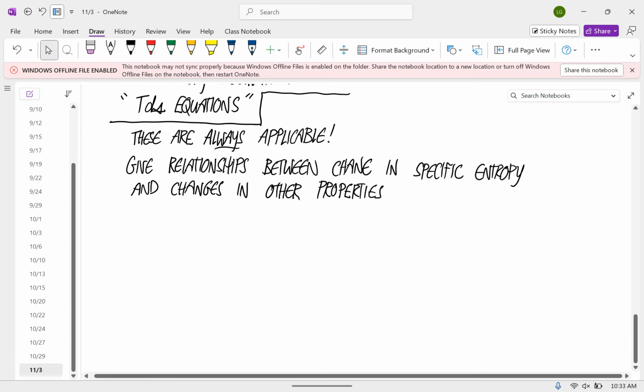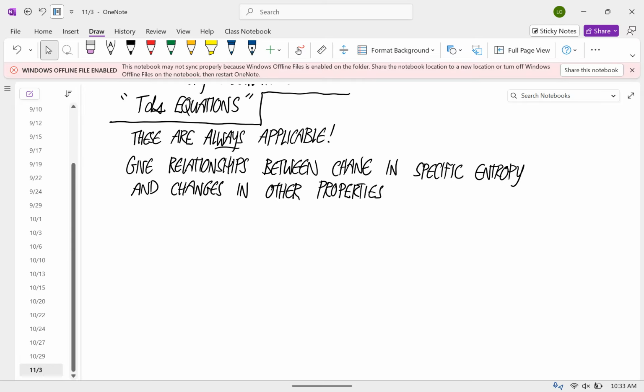And there are two different TdS equations. Usually you just use one depending on what properties you're dealing with.